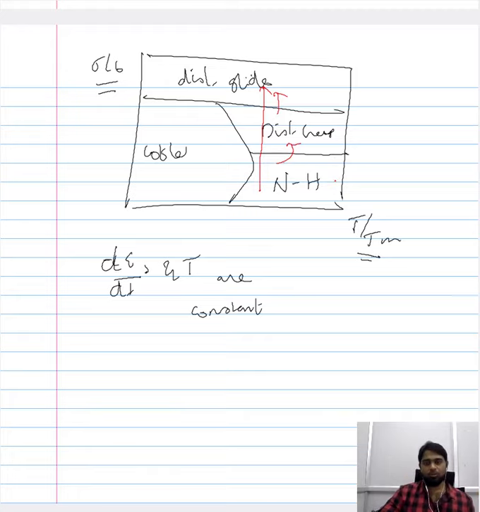Now if you want to calculate the overall rate of such a test wherein temperature and strain rate are maintained constant and the stress is varying, we would know that initially it is the Nabarro-Herring creep mechanism that is operational, then the dislocation creep once you have the higher stress, and at an even higher stress you have your dislocation glide that is operational.